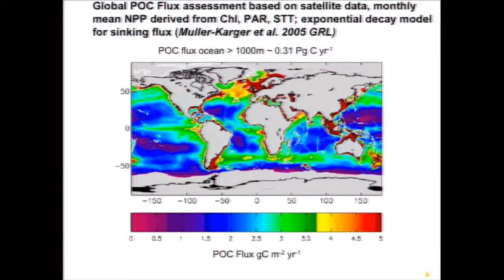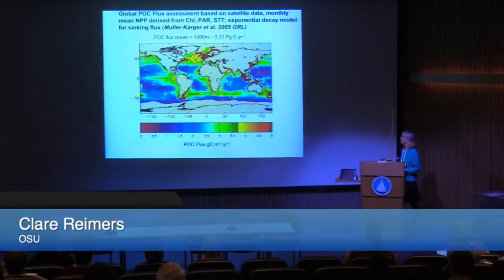So just to remind you, this kind of relationship was used by Mueller-Karger et al. in 2005, combined with assessments of net primary production based on satellite information and models of chlorophyll, PAR, and sea surface temperature, and also ocean bathymetry, to come up with, again, based on the sinking flux, a global distribution for the POC flux to the seafloor.